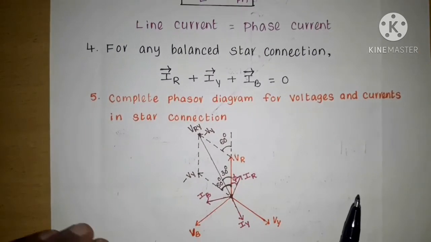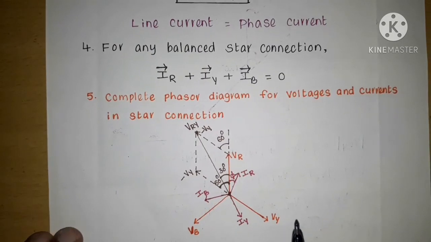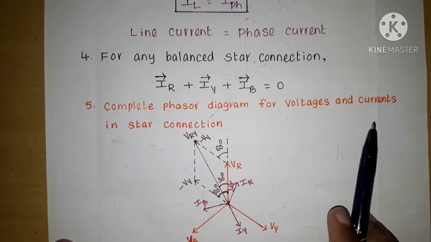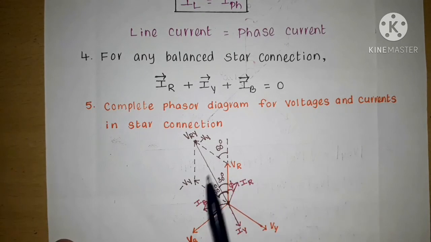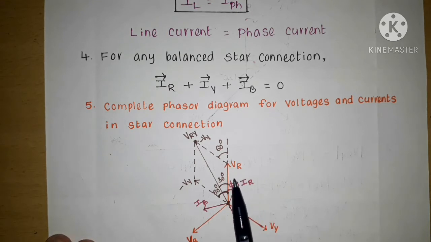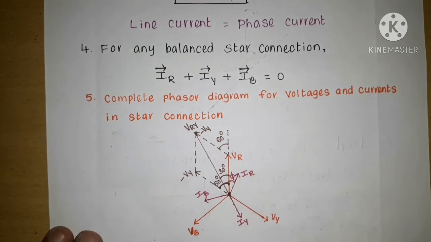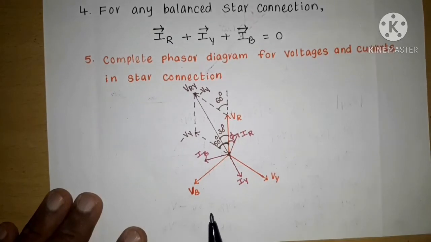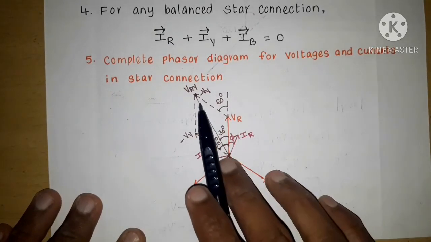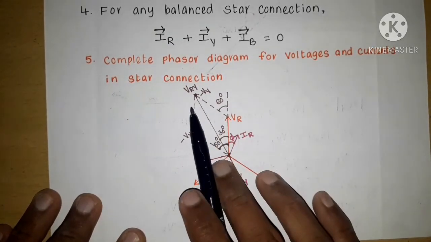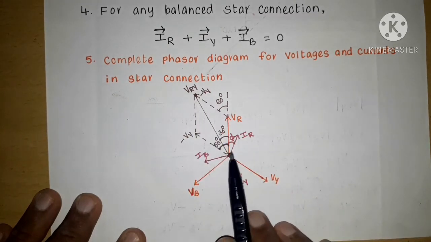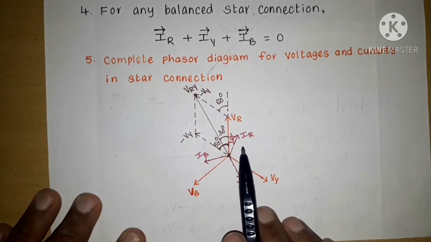If you draw the complete phasor diagram for voltages and currents in star connection, we represent all the currents and voltages in one diagram. VR, VY and VB are phase voltages, VRY is a line voltage, and IR is the phase current as well as the line current.